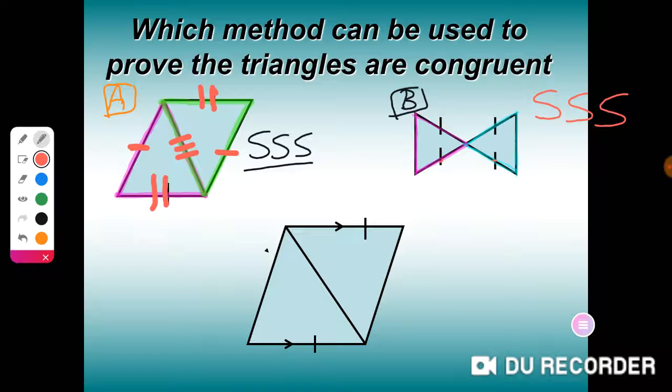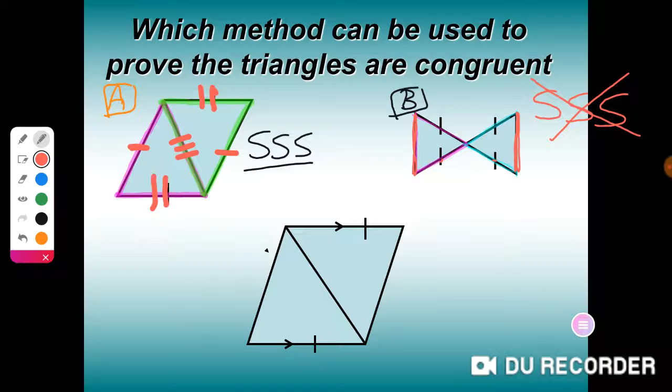But actually, do we have any clue about this side? Can I say this side is congruent to this side? It's not given information, and actually we can't prove that two sides are congruent. So now the side, side, side postulate doesn't help.